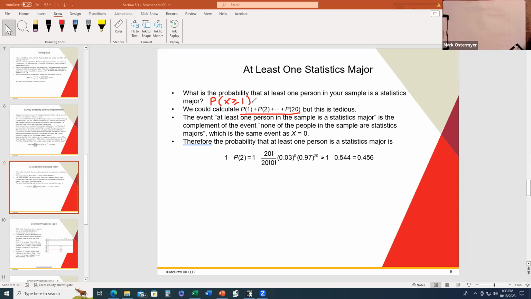Well, there is. The event that at least one person in a sample is a stats major is the complement of the event of what? What's the complementary event of saying at least one stats major is selected of 20 that are selected randomly? The complementary event of at least one would be 1 minus the probability that X is less than 1.